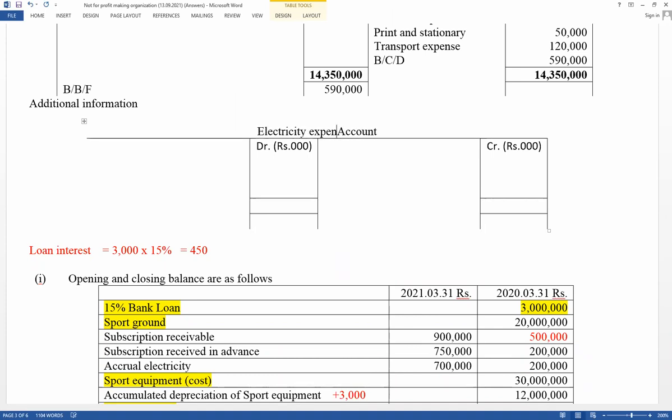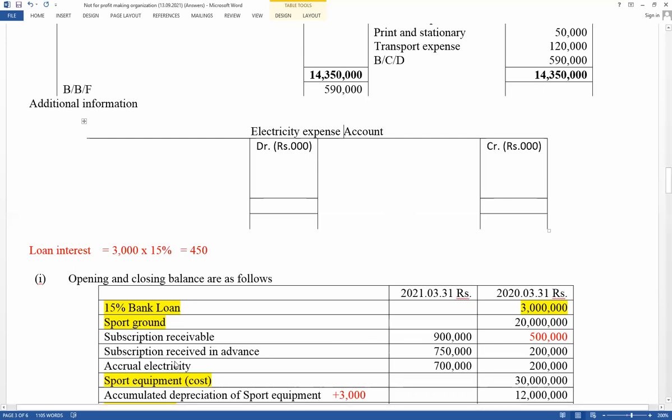This is the electricity expense. If an accrual value has been given, it is a liability, and therefore should be recorded on the credit side as a balance brought forward. The accrual value can also be recorded through the expense accounts.